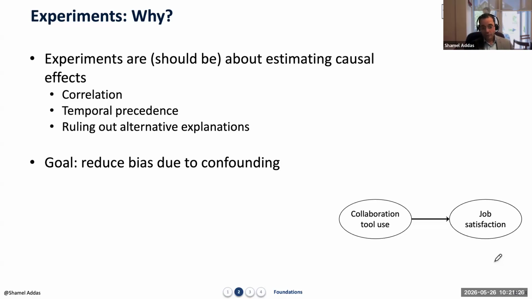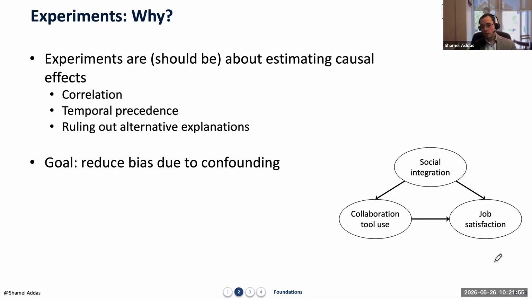Because there could be other confounders, like for instance, social integration. Maybe the more socially integrated the employees are within that particular department or team or organization, that could be confounding. What does confounding mean? It means that it might be correlated with both the X and the Y. So maybe the more they're socially integrated, the more it becomes expected that they use the tool.